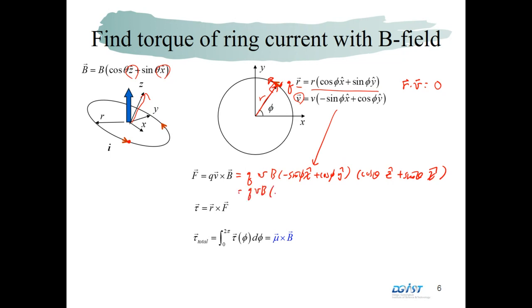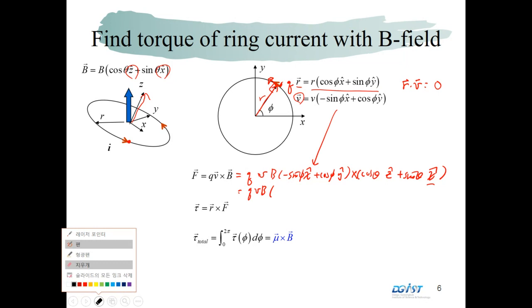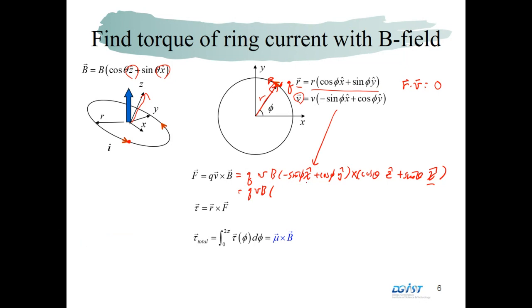You can keep the magnitude, and if you take the cross product between them, there are two terms and two terms, so we have 4 terms. But the vector product between this x component and this x component disappears because they are parallel. So we have 3 remaining parts. Taking the x direction and the y direction, we have a minus y. We have 2 minuses, so we have a y-axis.